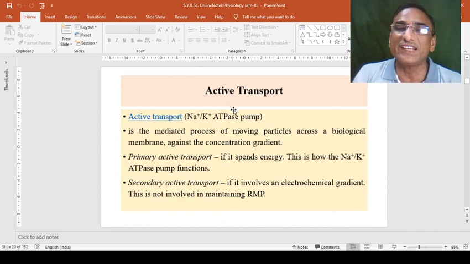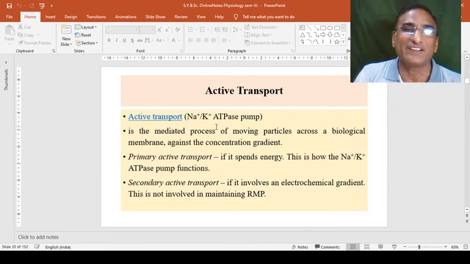ATP is the energy which is given for the movement of these molecules, and totally the action potential is activated. So active transport is the mediated process of moving particles across a biological membrane against the concentration gradient.